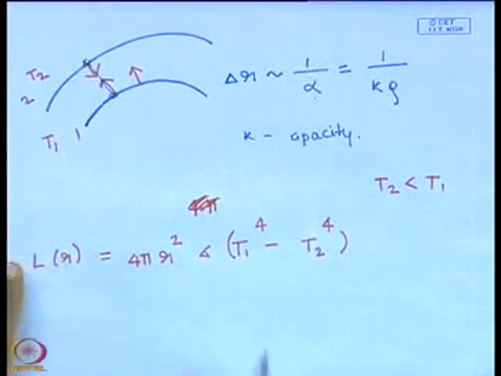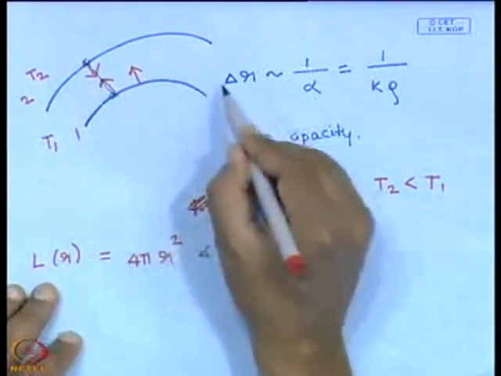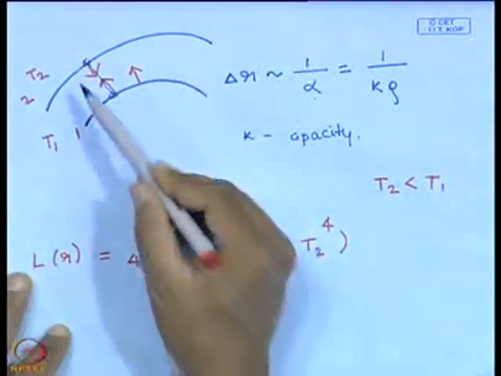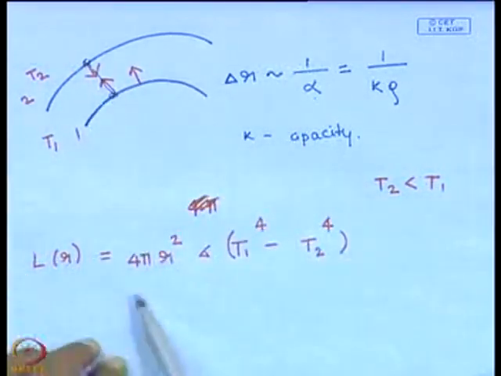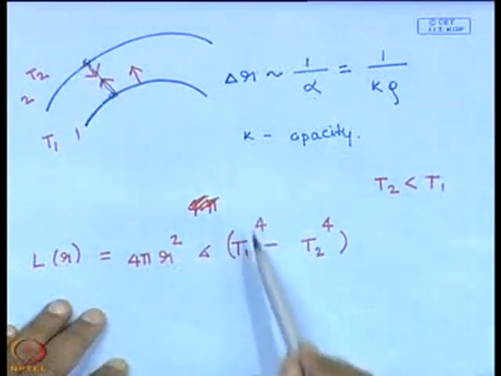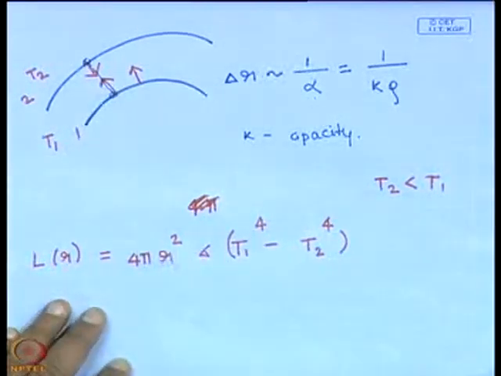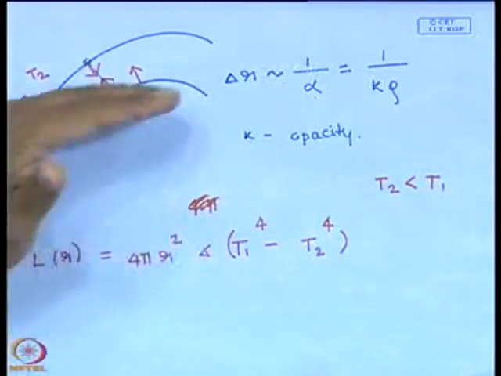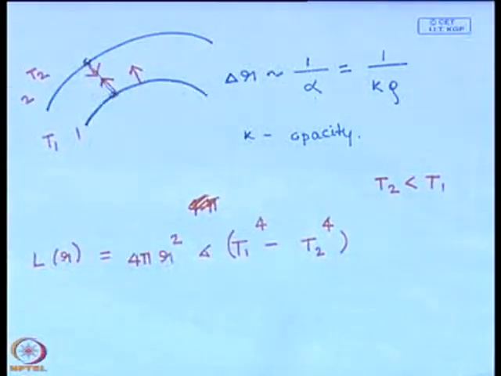Okay. And the net luminosity over here is the difference in flux into the area, which is 4 pi r square into sigma, the Stefan-Boltzmann constant, T1 to the power 4 minus T2 to the power 4, and T1 is greater than T2. Okay. So, this is an estimate of the net luminosity at any point.